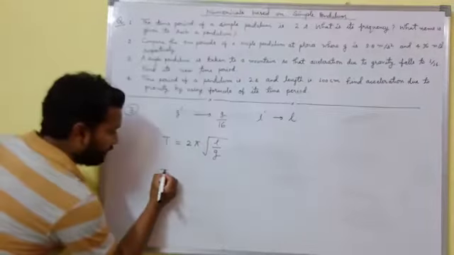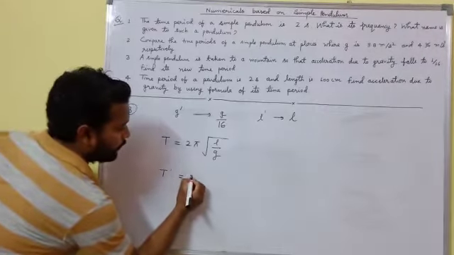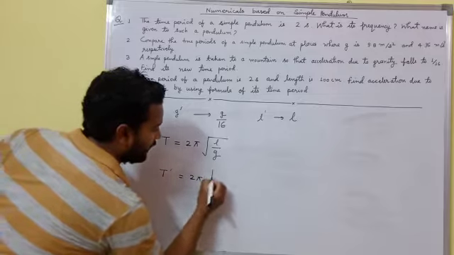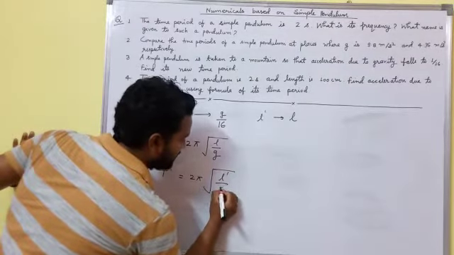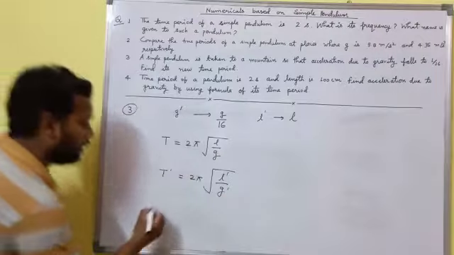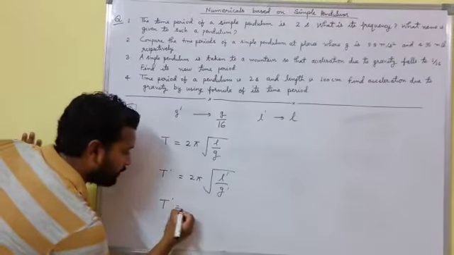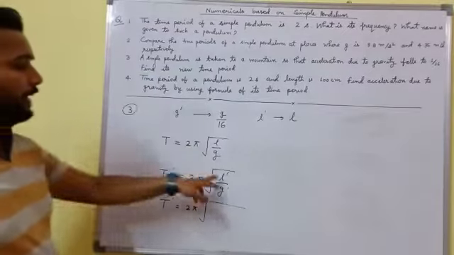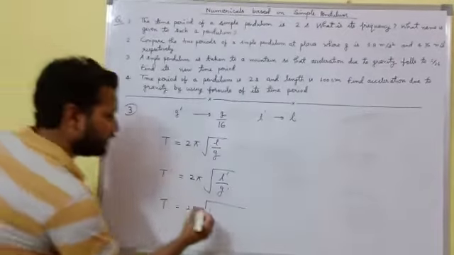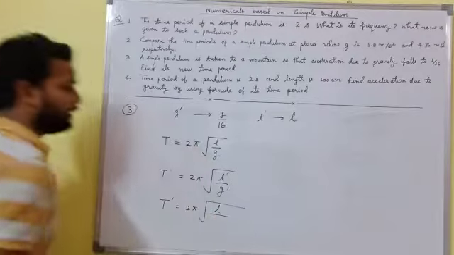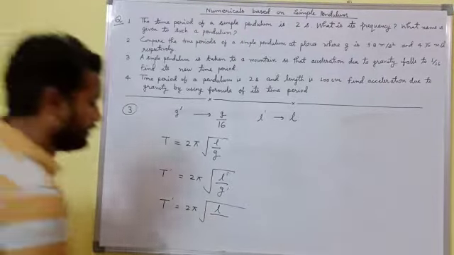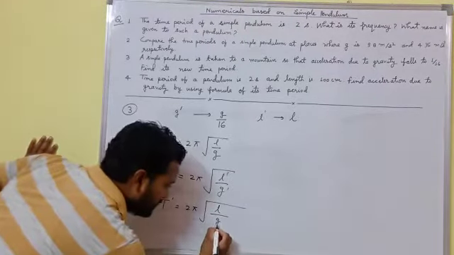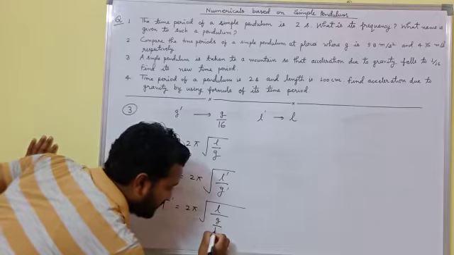So the new time period will be 2 pi root L dash upon g dash. Now T dash equals 2 pi root L upon g by 16, since there is no change in length.